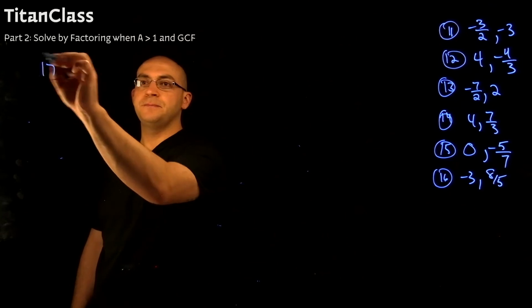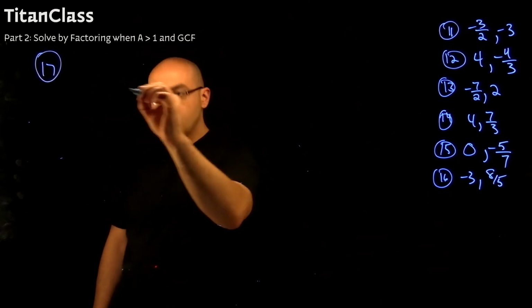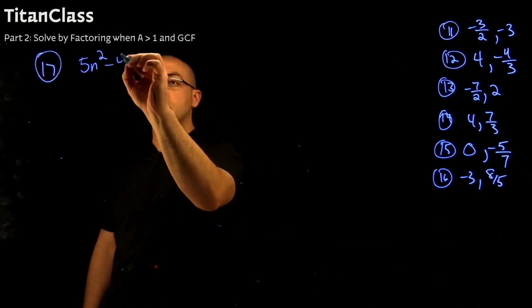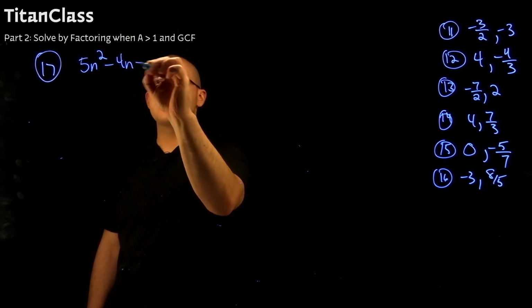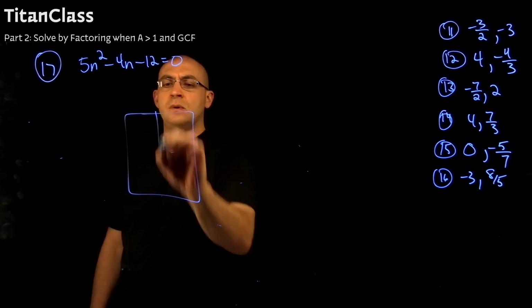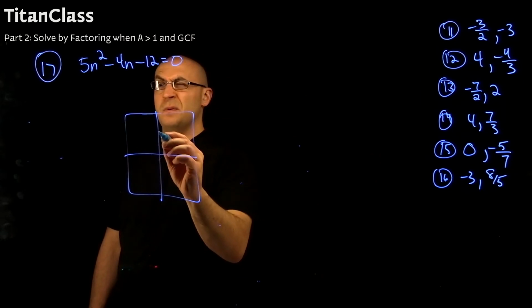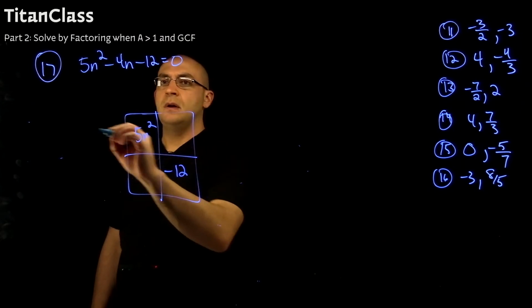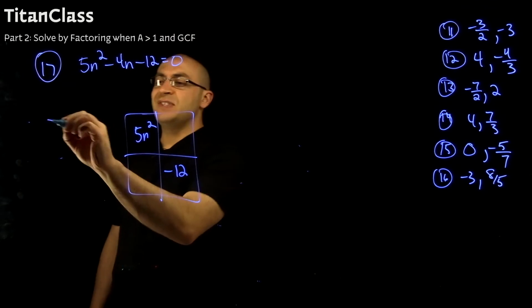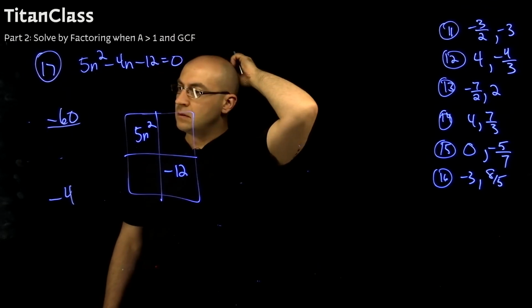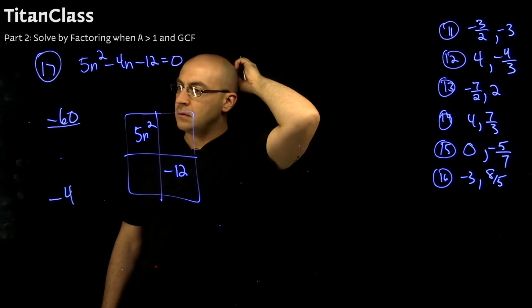17. 5n squared minus 4n minus 12 equals 0. 5n squared. Negative 12. 5 times negative 12 is negative 60 for negative 4. 10 and 6.